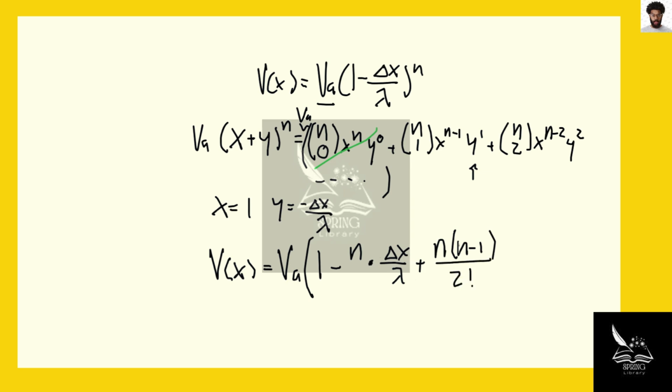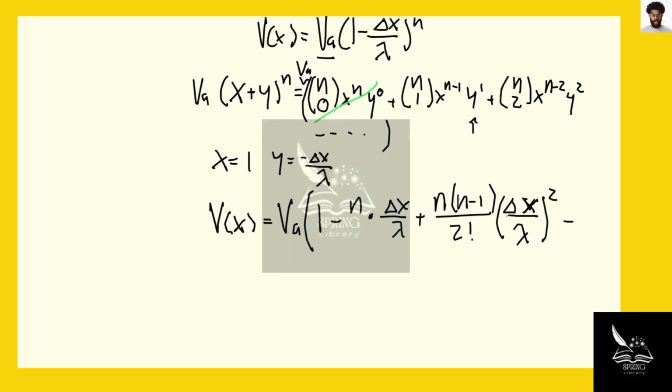X is always going to be 1, so we can ignore x, and y is just delta x over lambda, squared.